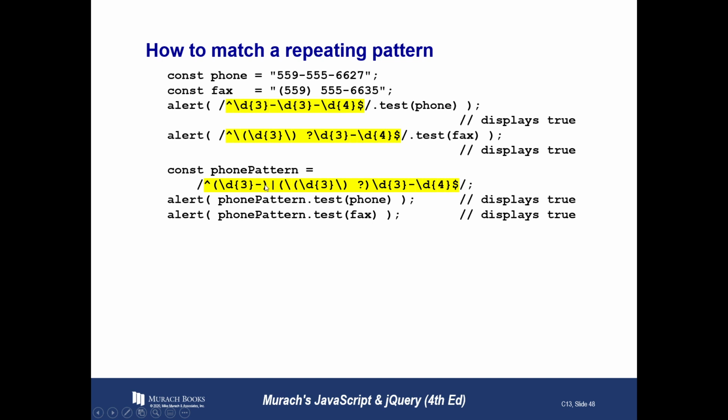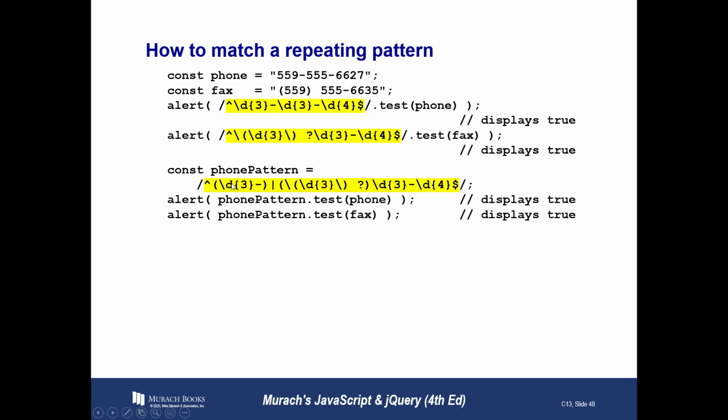So a phone pattern, let's see, this one can be used to match any of these two. So basically we're telling it either start with 3 digits or find this group which is basically an open bracket, 3 digits, a closing bracket, an optional space. So this is the second group.